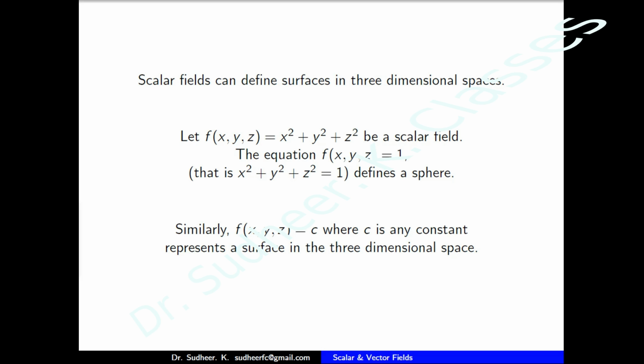The sphere has got center at origin and radius equal to 1 unit. Similarly, f(x,y,z) equal to c, where c is any constant, represents a surface in the three-dimensional space.